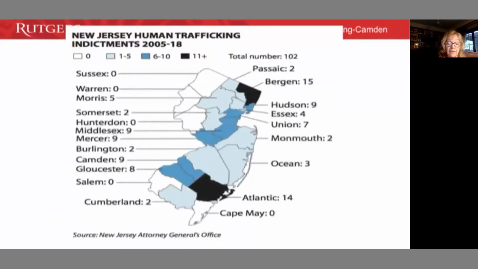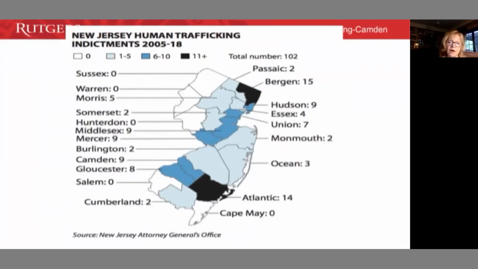Sadly, many of the survivors of human trafficking, their perpetrators do not get indicted. As you can see, from 2005 to 2018, only 102 indictments were handed down in the entire state of New Jersey, despite the large numbers of victims.